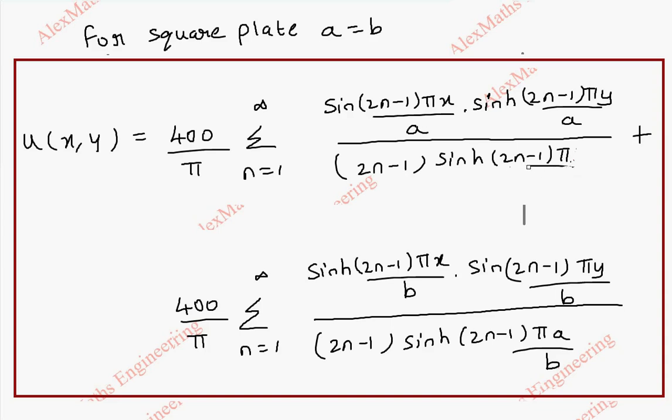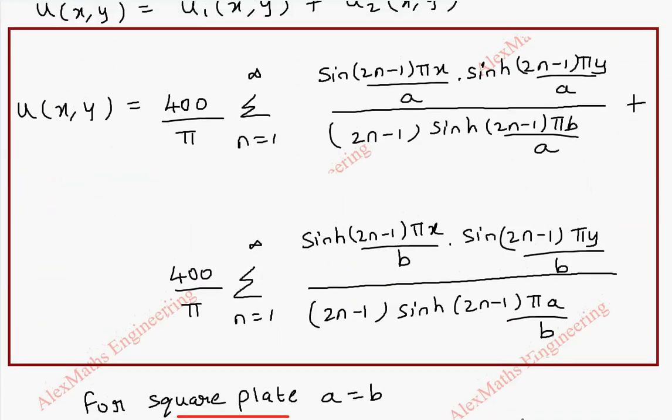So we don't have a denominator term here. Similarly, even here, this B is A, this B is A, and even this B is A, but A gets cancelled, so we have only this much. So this is our solution for the square plate of side A, where two adjacent edges are maintained at 0 degree centigrade and the other two sides are maintained at 100 degree centigrade.